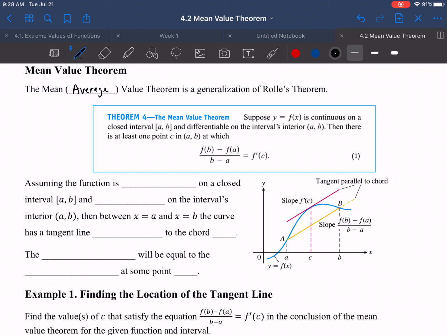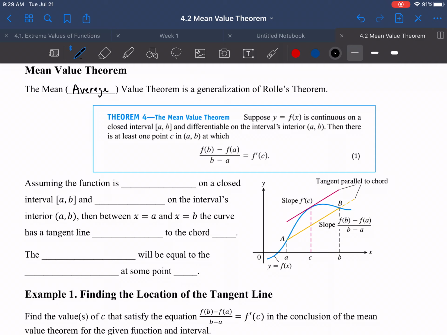So if the speed limit was 60 miles per hour, and you drove 60 miles, but you did it in only 45 minutes, then they know you had to have been speeding.